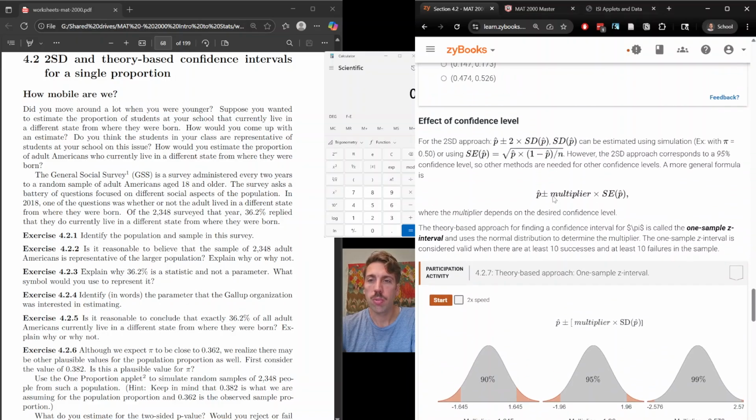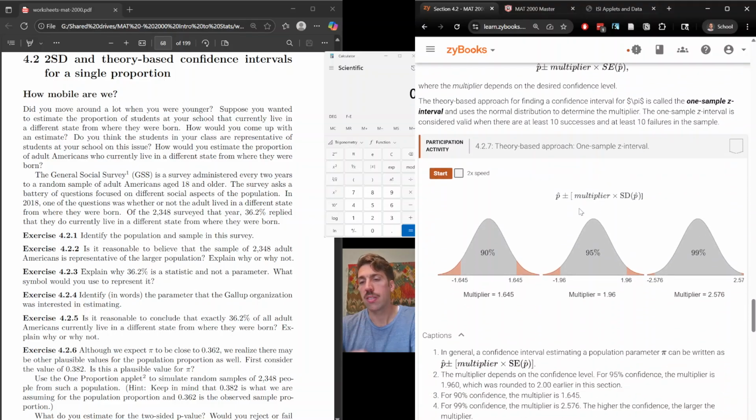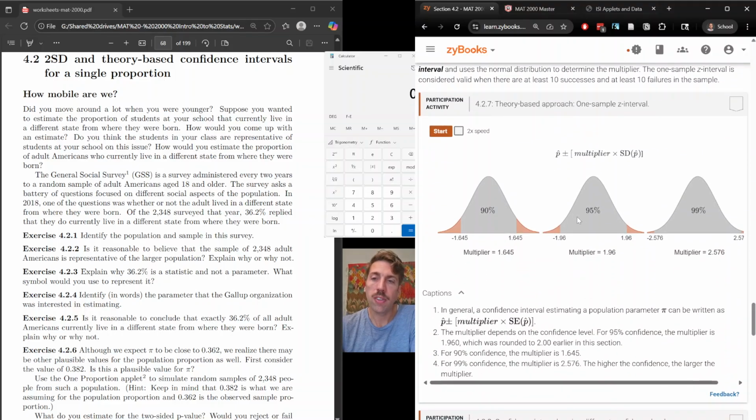So when we're doing the confidence interval, we'll call this the standard error of p hat. The interval is p hat plus or minus the multiplier, which was usually 2 but sometimes other numbers, times the standard error of p hat, which is this formula right here. That multiplier can be different. For 95% confidence, it's 1.96, which is basically 2, so 2 is usually good enough there.